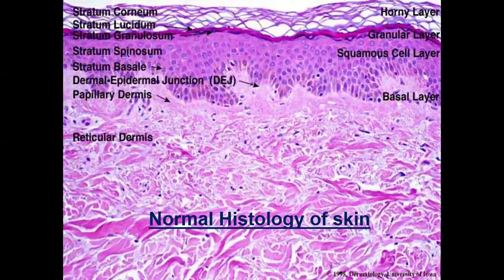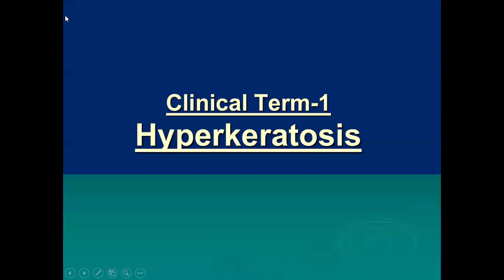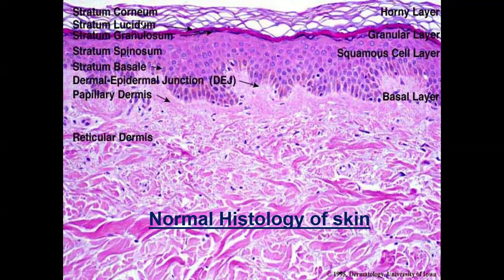Just before I go to the individual clinical terms and their histopathology, let's revise the histopathology of normal epidermis and dermis. From top to bottom, it is stratum corneum, which is also known as the keratotic skin layer. Then there is a rather compact layer, which is stratum lucidum.